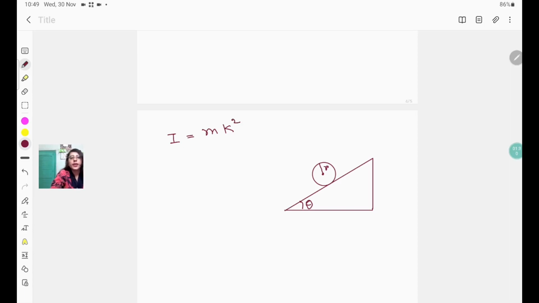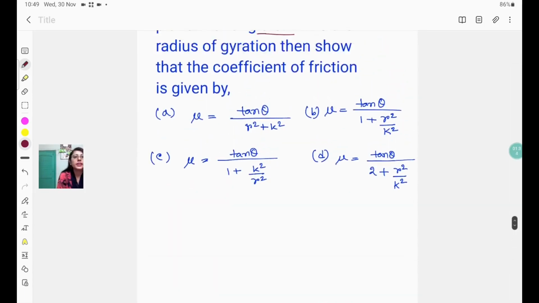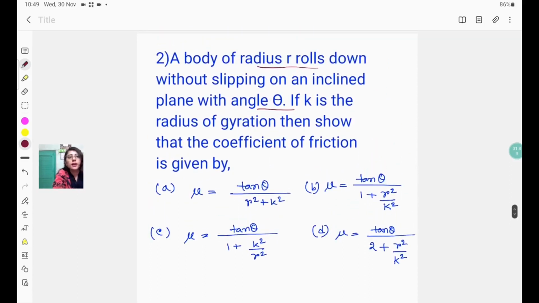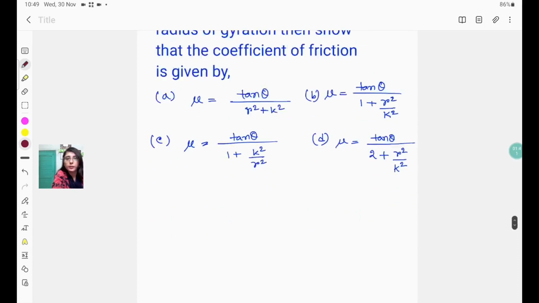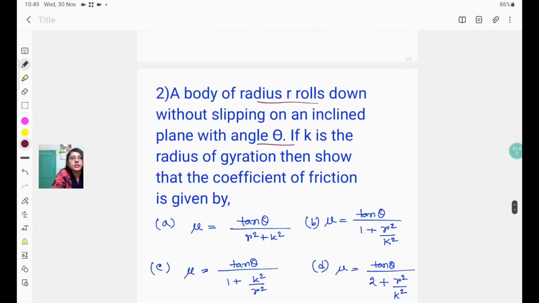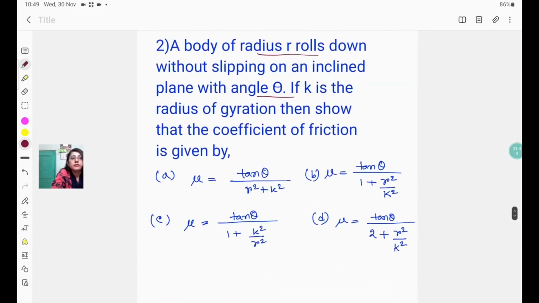Why mk square? Because k is the radius of gyration of the body and we are taking the mass of the body, suppose m, then the moment of inertia of the body about the center of mass, or the axis passing through the center of mass, will be mk square. Now we have to find the coefficient of friction, that is mu.